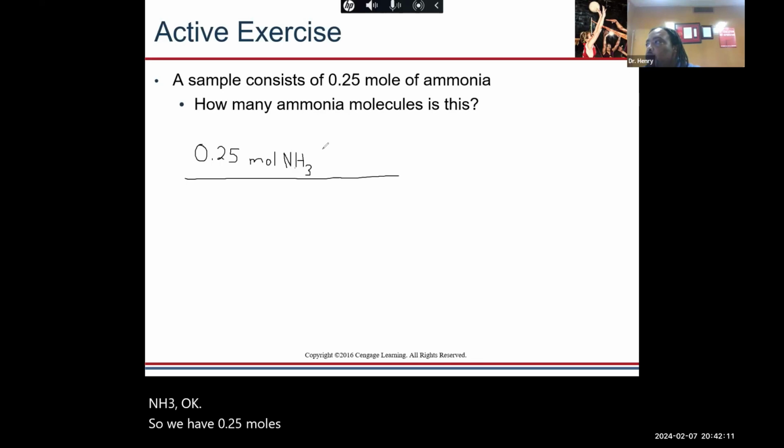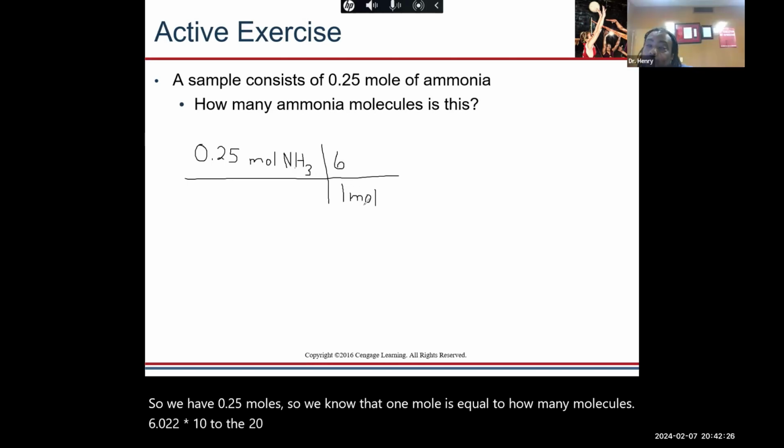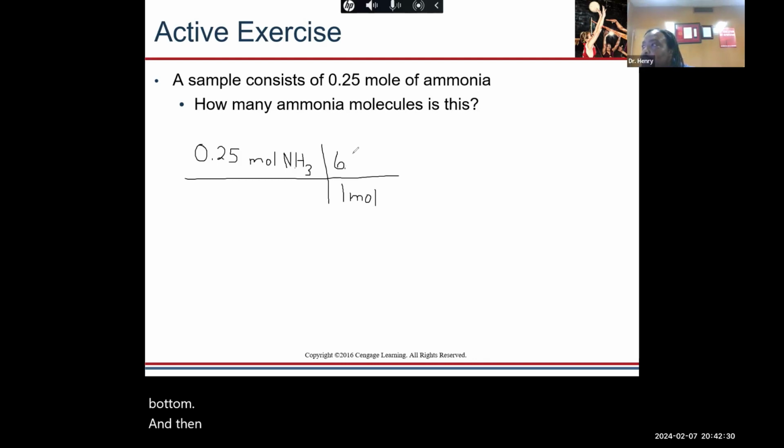So we know that 1 mole is equal to how many molecules? 6.022 times 10 to the 23rd. Okay. So we know we're going to put the moles on the bottom, and then we're going to put that number, 6.022 times 10 to the 23rd, on the top.